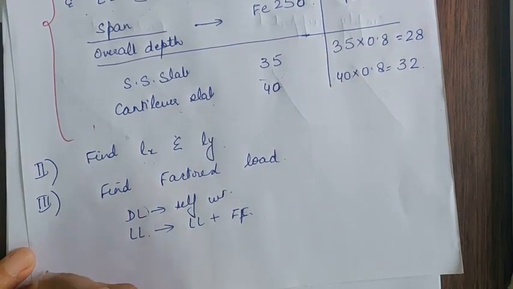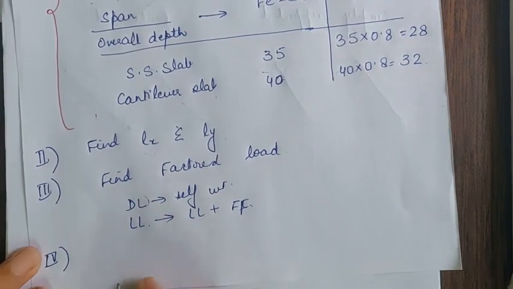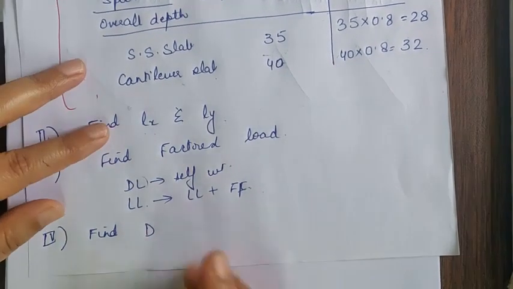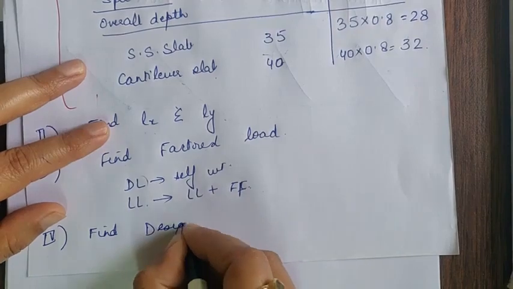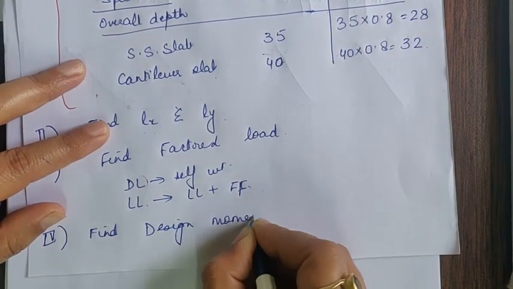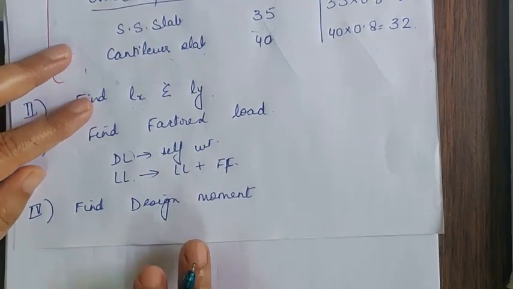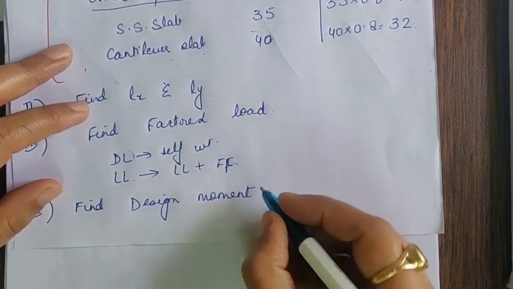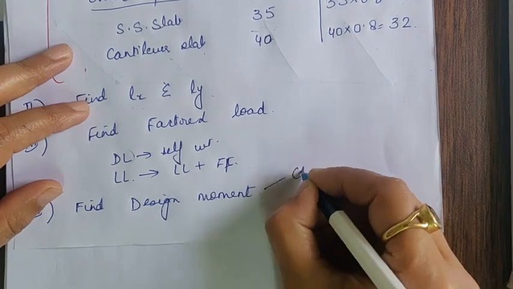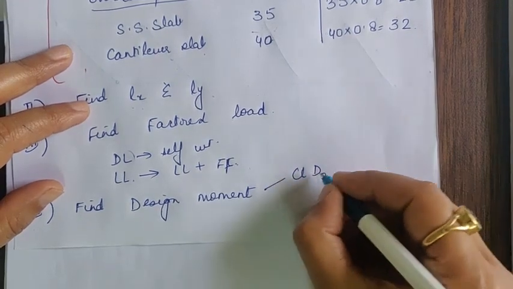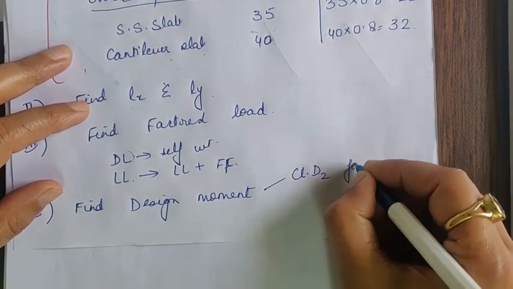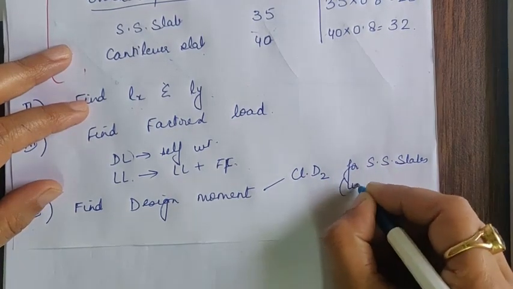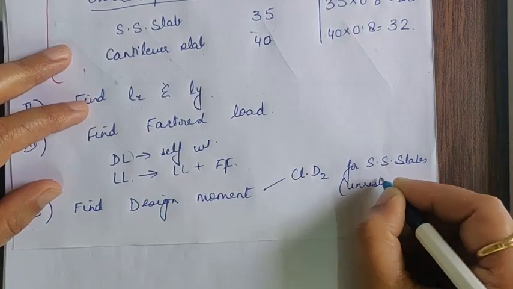Okay. Now what is the fourth step? Find design moment. Now over here the system changes. What does the code say? That for finding out design moment, we will be using criteria given in clause D2 for simply supported slabs, that is for unrestrained slabs.